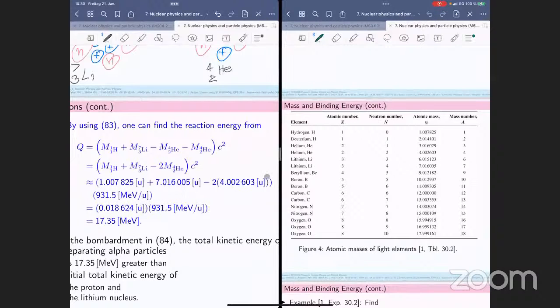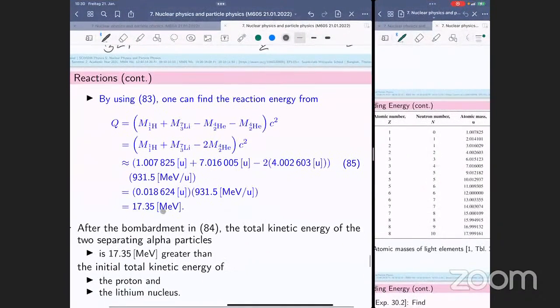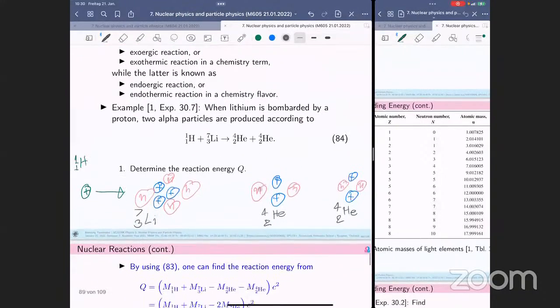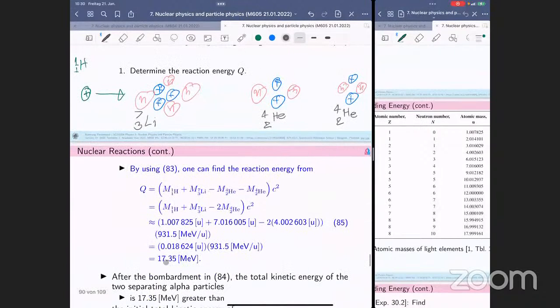The mass difference is not the big deal. It's only 0.018624. And after that, you make the multiplication, you get 17.35. You can see that it's in the scale of 10, almost 20 mega electron volt, which is quite high. Of course, once the proton hits the lithium, the products are going to have more kinetic energy by 17.35.